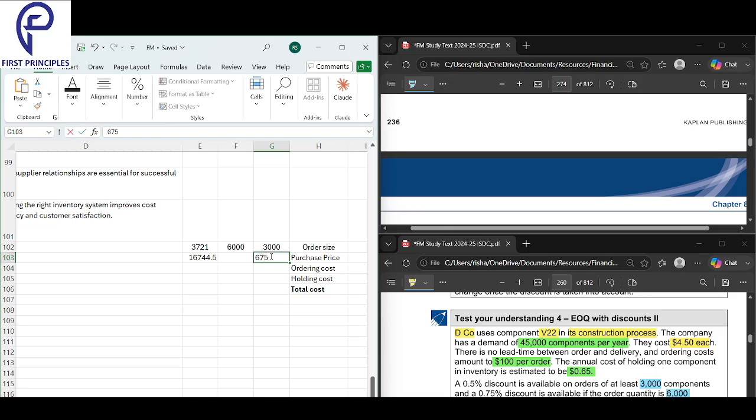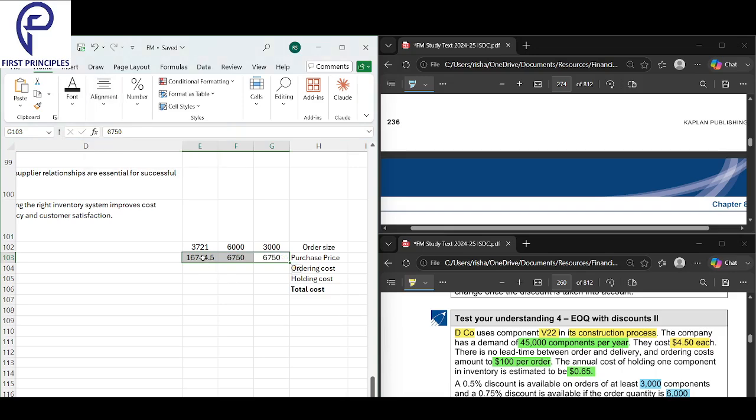Now we'll go for 6,000 units. Here we're getting a 0.75% discount, so 4.50 into 0.25, that is 1.12, into 6,000, 6,750. This also is 6,750. So you see, these are our purchase prices in each case.